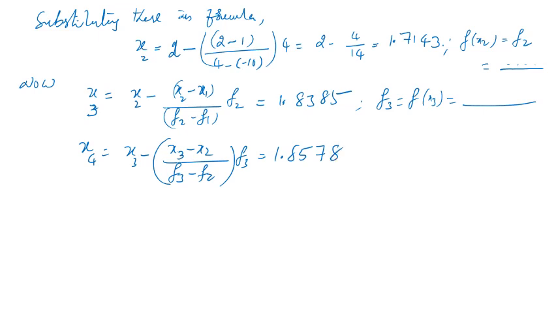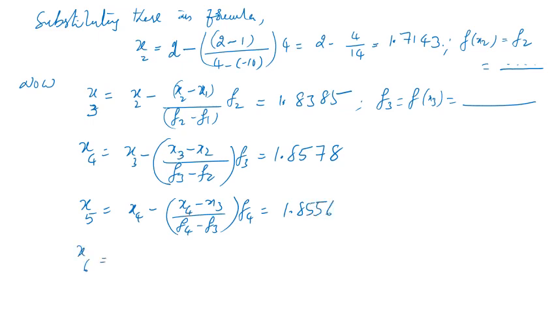Then x4 becomes 1.8578, and the x5 value is x4 minus (x4 minus x3) by (f4 minus f3) multiplied by f4. This value is 1.8556. Lastly, x6 equals x5 minus (x5 minus x4) by (f5 minus f4) multiplied by f5. This value is 1.8556.